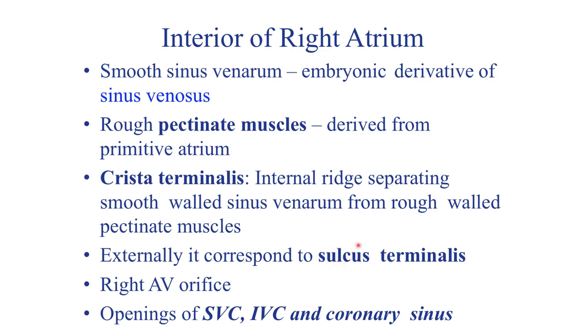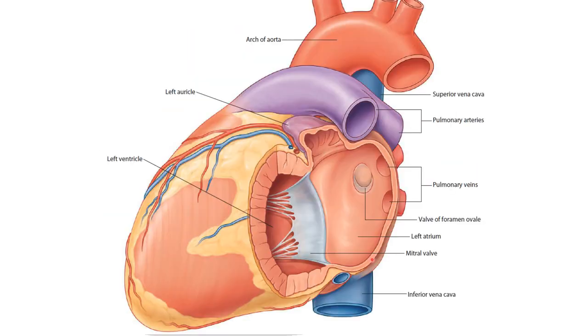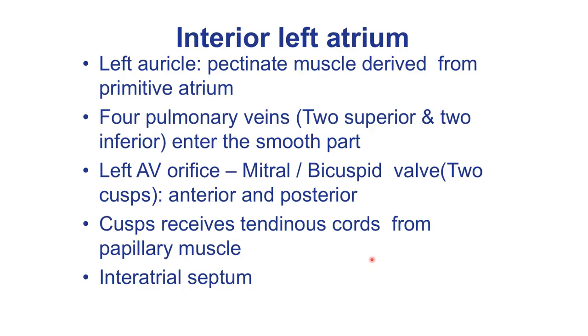If you look at the heart externally, you will see another ridge on the external surface, the sulcus terminalis. I wish I could have an image so that you could see this. If you look at the posterior aspect of the right atrium, you will see another ridge-like structure corresponding to the crista terminalis, called the sulcus terminalis.